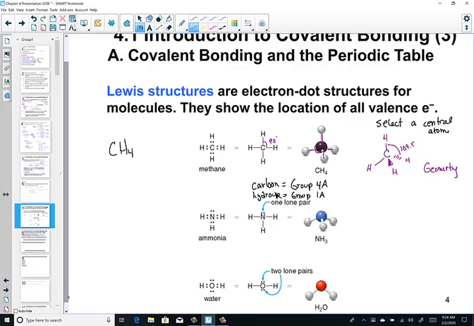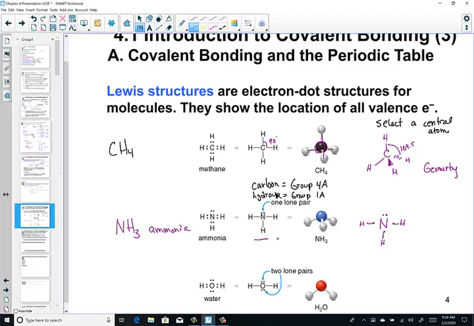Here's another example, ammonia, NH3. Now I'm going to select the central atom of nitrogen, and nitrogen has 5 valence electrons. When I place 5 dots around the nitrogen, I can see that it has 3 open spots for bonding. And that's exactly what happens: the nitrogen will combine with 3 hydrogens so that everybody has an octet.